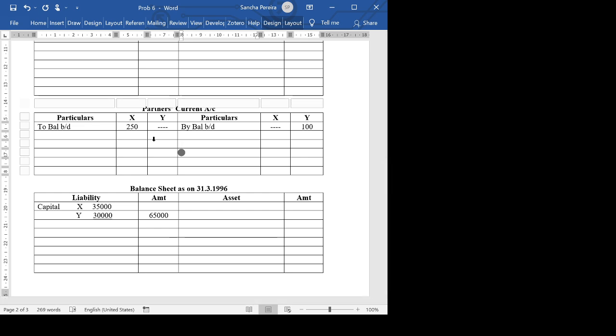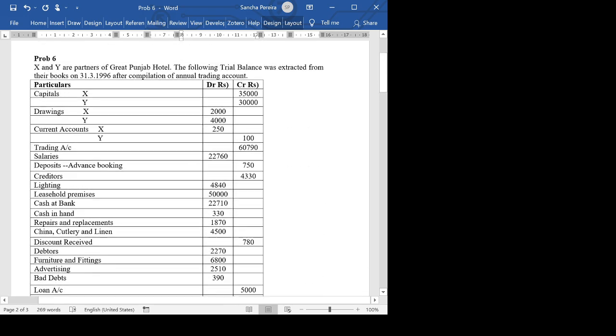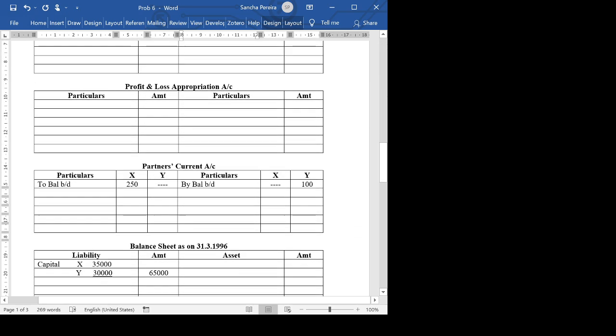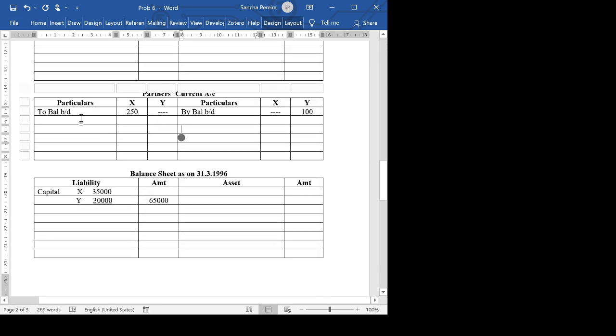It's a withdrawal which a partner may have to pay back, or it's adjusted from their share of profit or any other payments made to them. So drawings are a debit balance. If you see the problem, drawings will always be a debit balance. There cannot be anything other way. And hence it has to be shown on the debit side of the partners current account. So I will show it as drawings. The amounts are 2,000 and 4,000.